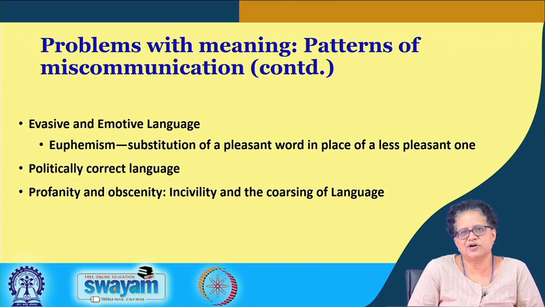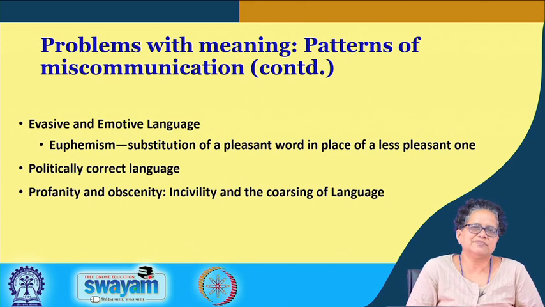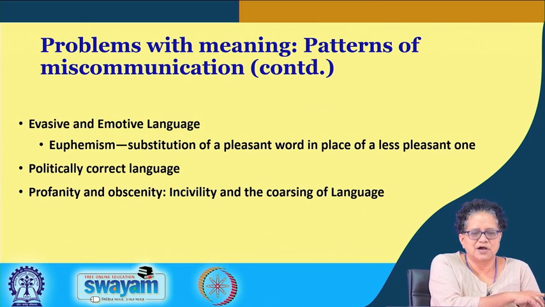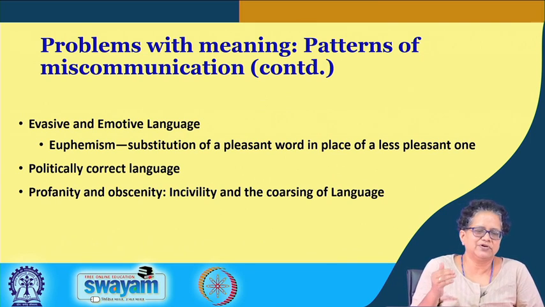Euphemistically speaking, you have heard it in common day parlance. Euphemism is defined as substitution of a pleasant word in place of a less pleasant one. For example, if we are speaking about somebody's death, we say he or she passed away. We do not mean that he or she passed by, we mean he or she is no longer alive.